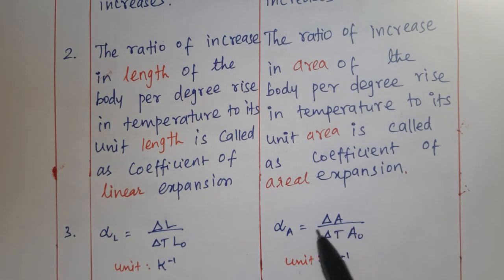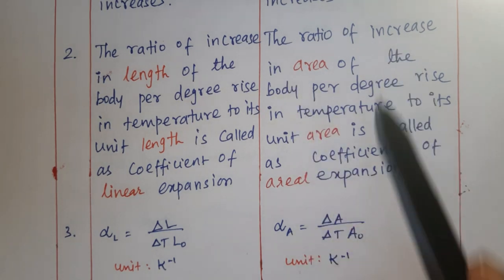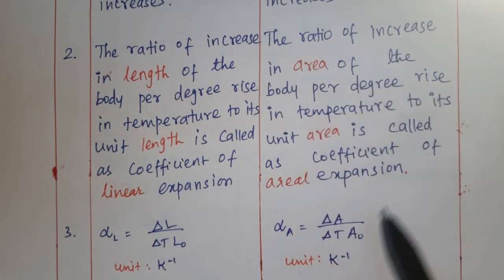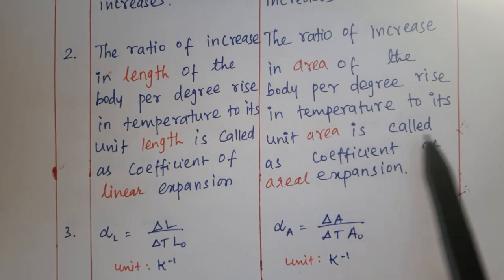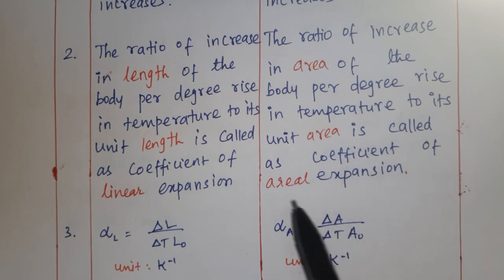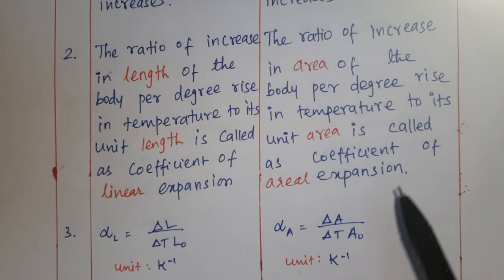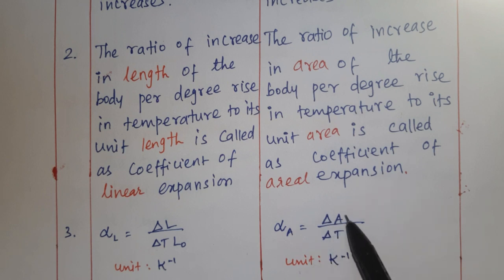So the ratio of increase in area of the body per degree rise in temperature to its unit area is called the coefficient of areal expansion. Its unit: for area, meter square, both will be cancelled. The unit of temperature is Kelvin. If the Kelvin goes to the numerator, Kelvin inverse.